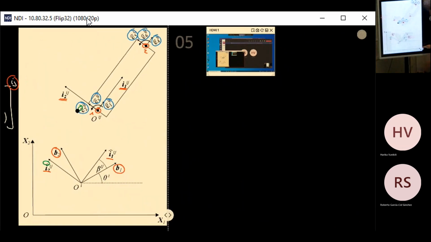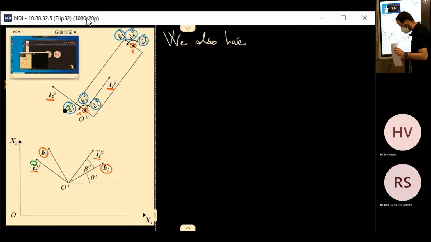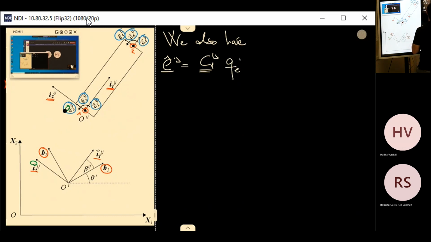Okay, we can actually stay like this. I think it's a little bit easier. So we also have this. We also have that Eij can be written as C1ij times QEij.